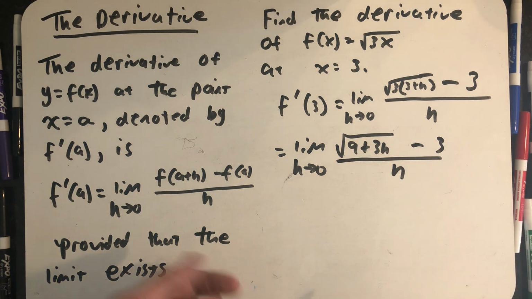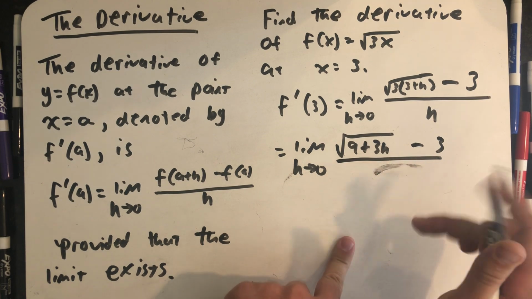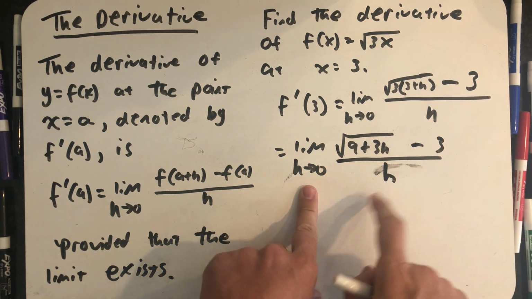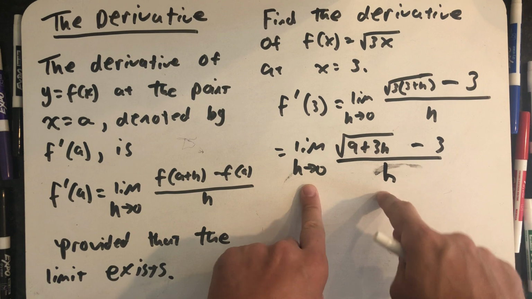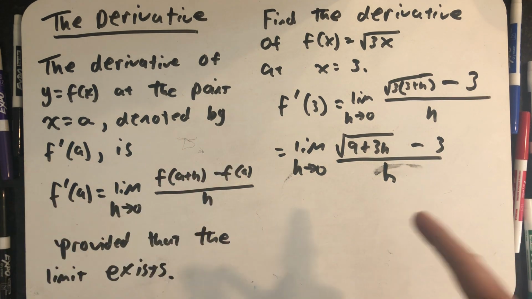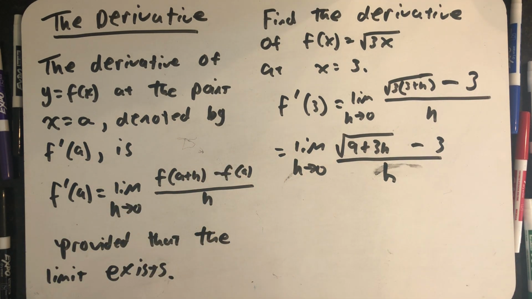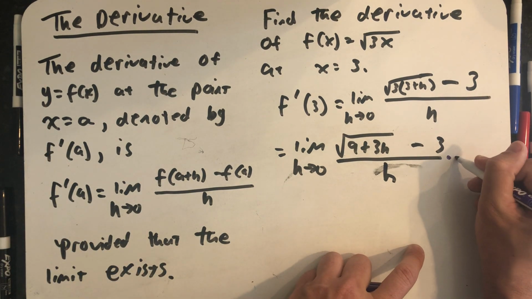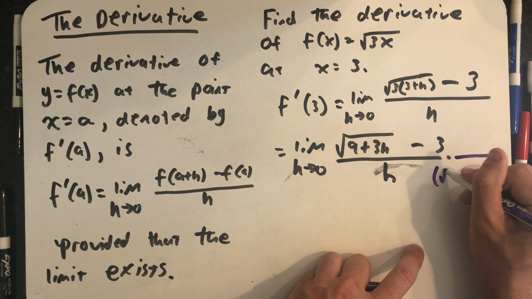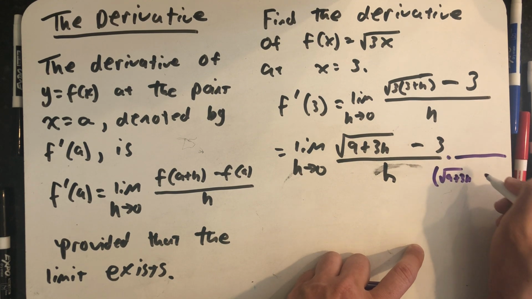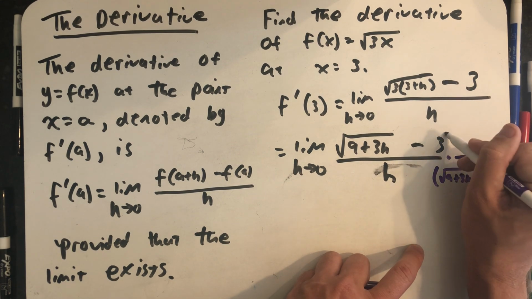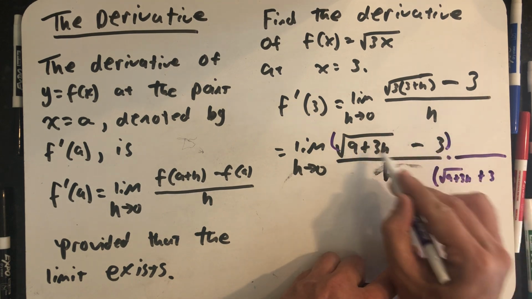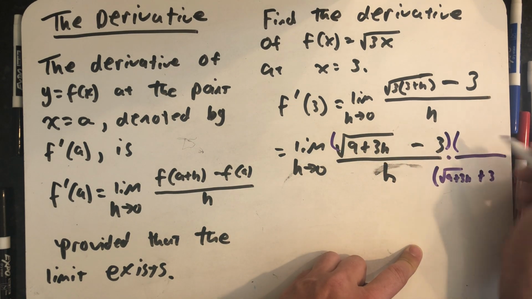All right, so now I need to work on this. And right now, if I was to try to evaluate this limit, I have a 0 over 0. A 0 on the bottom is always problematic, so I'm trying to do arithmetic to cancel out an h. So I'm going to multiply the numerator and the denominator by the conjugate of this expression.